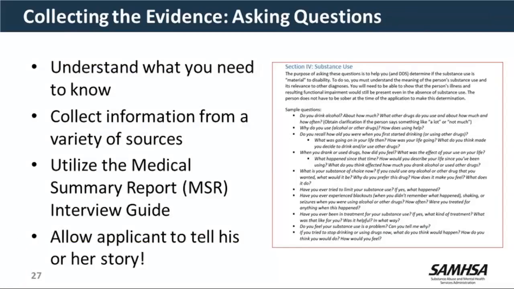So it's really important to understand what you need to know. We need to show that the person meets the threshold of their drug addiction or alcoholism not being material to their disability based on those sequential evaluation steps. So it's good to have a strong understanding of this before we move forward in working with our claimant.